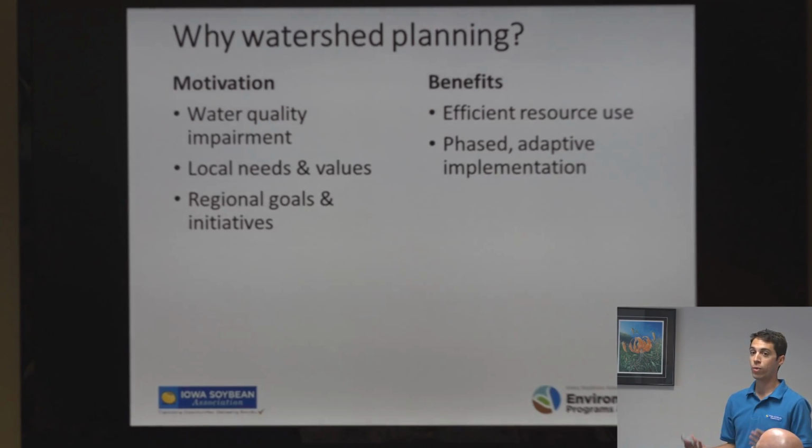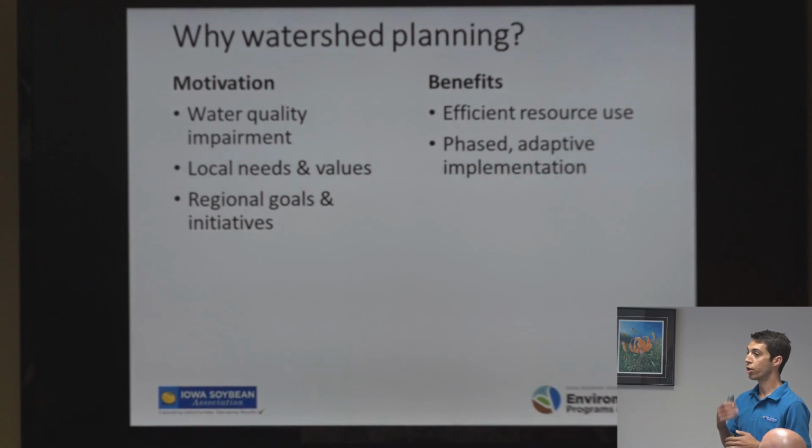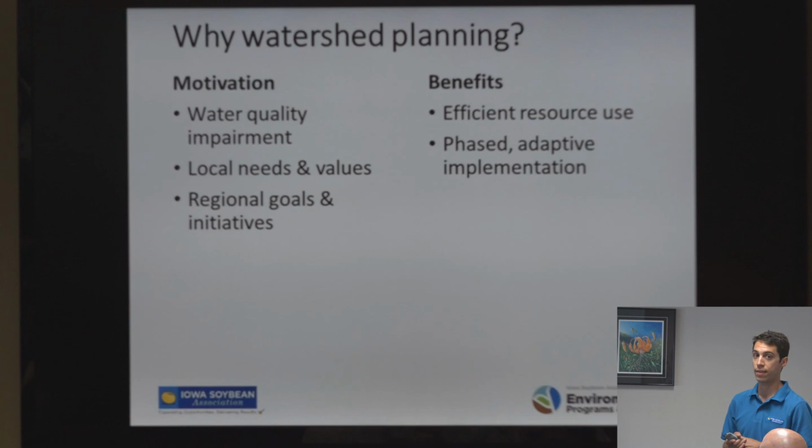So why do we develop watershed plans for Huck 12 watersheds? There could be some sort of a water quality impairment that could be on the 303D list, which is a list that the Iowa Department of Natural Resources and Environmental Protection Agency maintain to track known impairments in water bodies.